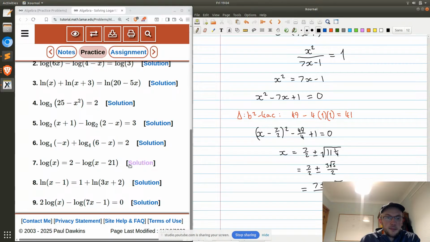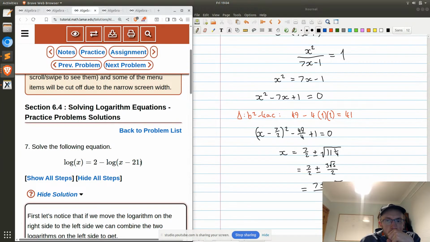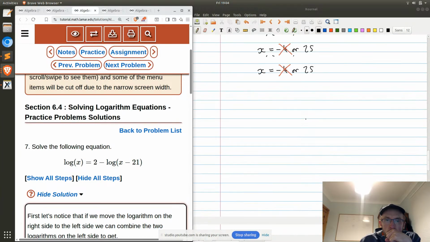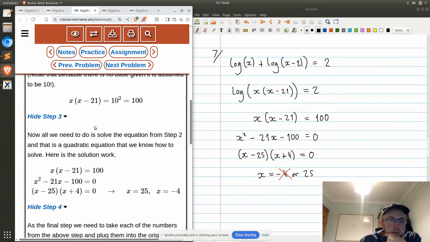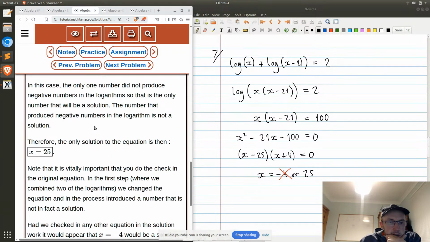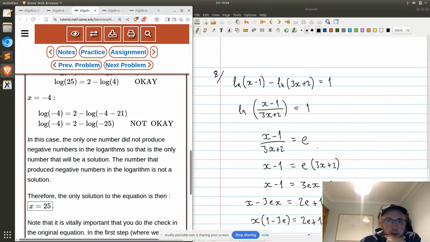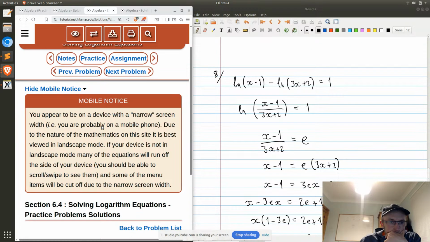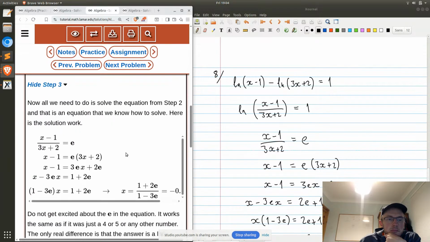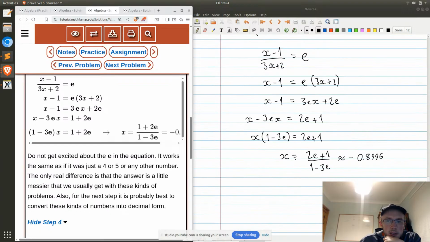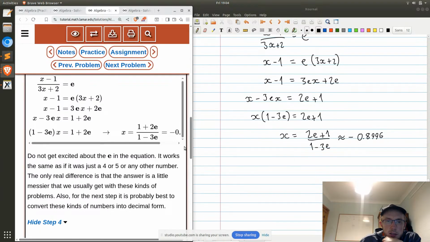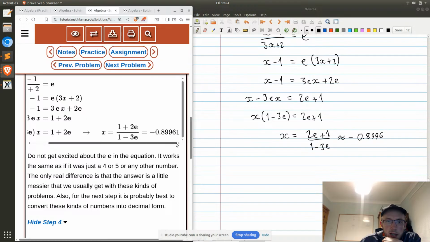Because now we check. Everything must be checked. Okay, all right. 25 is the only solution, and that's correct. They end up with the exact solution that I did. And there's their approximation.